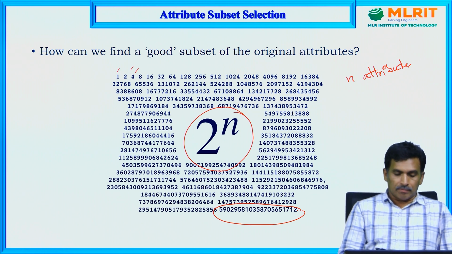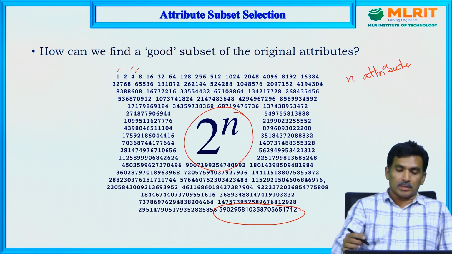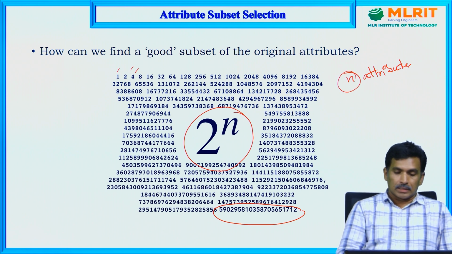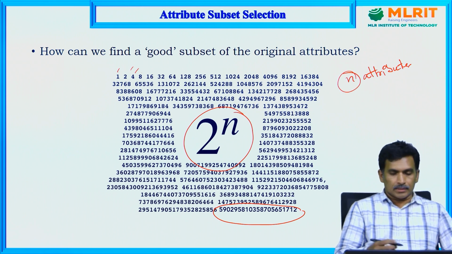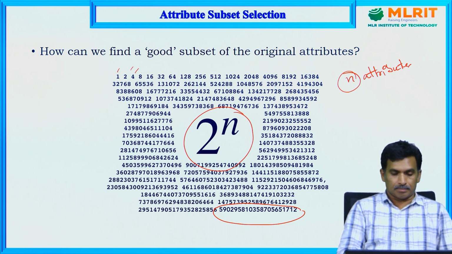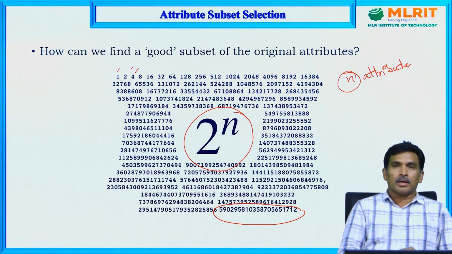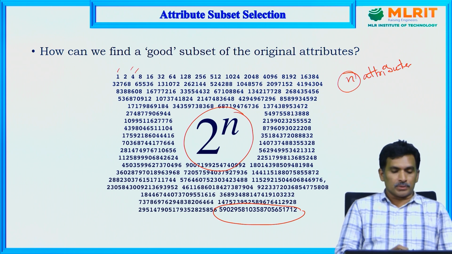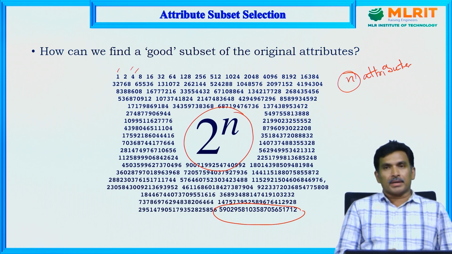This is a very complex number when n increases. We'll discuss the power set and the complexity, and how the search space can be reduced, in detail in frequent itemset mining.